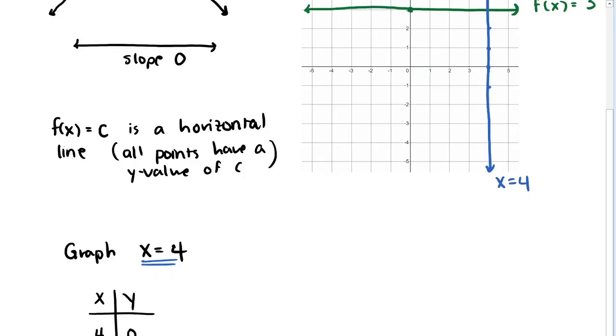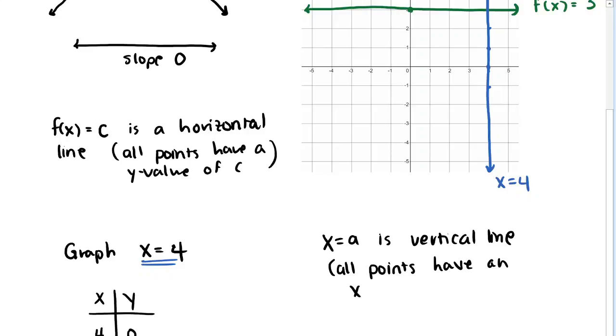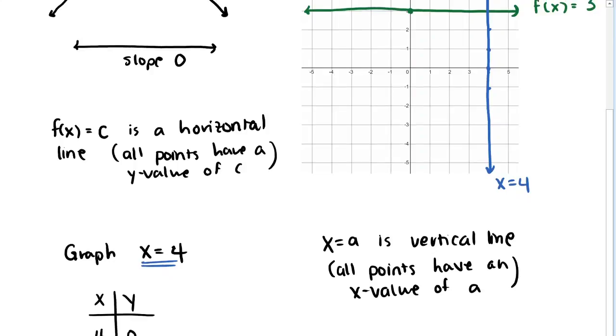So here, if I say x is equal to a, this is a vertical line, and all points on this line have an x value of a.